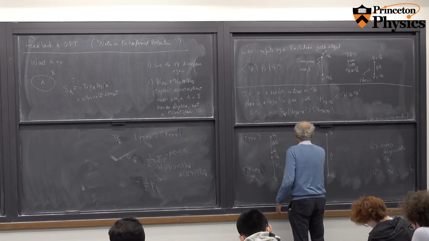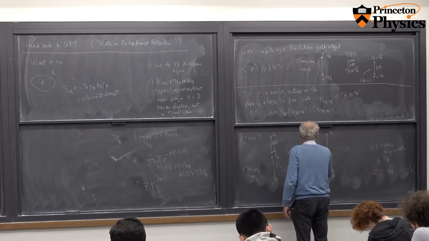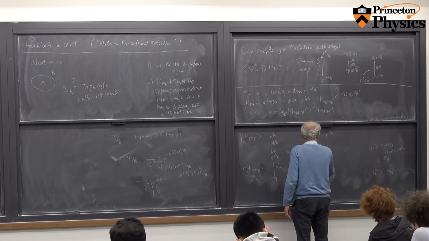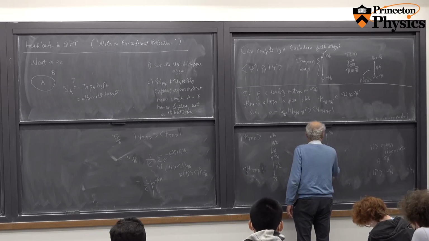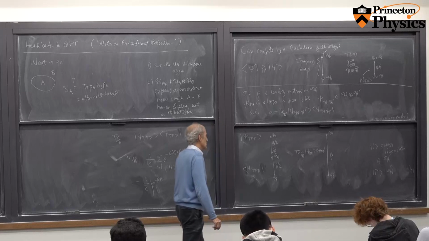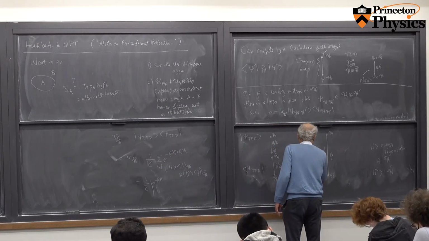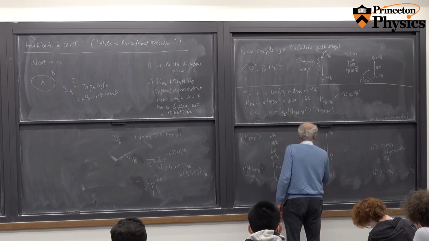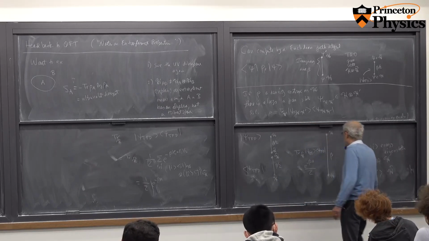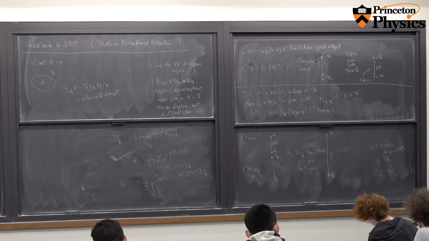And this picture computes the trace over H tilde of the pure state density matrix. But on the other hand, because we propagated through imaginary time beta, we get a thermal density matrix.